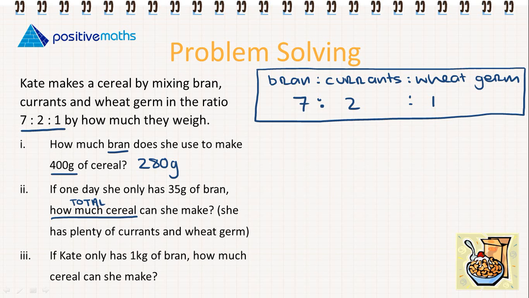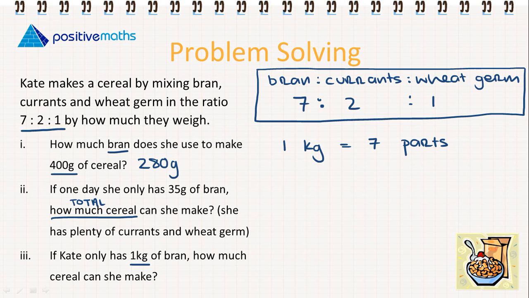Okay, and the last part. If Kate only has 1 kilogram of bran, how much cereal can she make? Okay, so again, we have the amount for bran. She only has 1 kilogram of bran. We want to know how much cereal can she make. Okay, so again, very similar to the last part. 1 kilogram is equal to 7 parts.